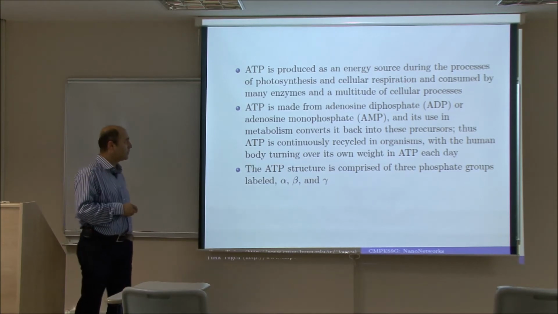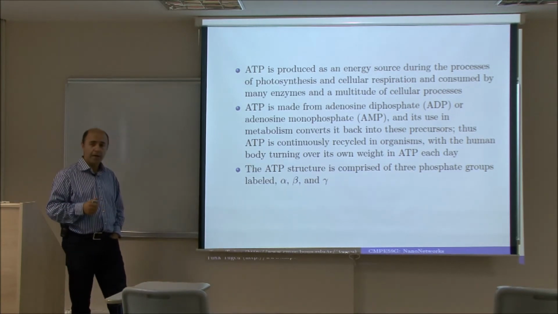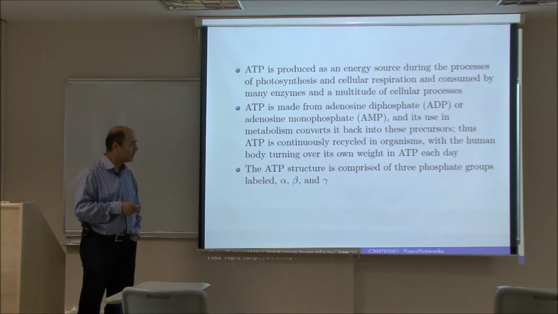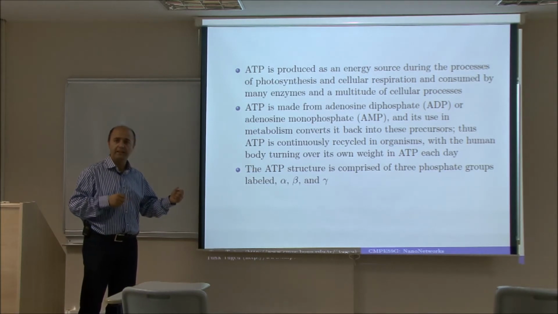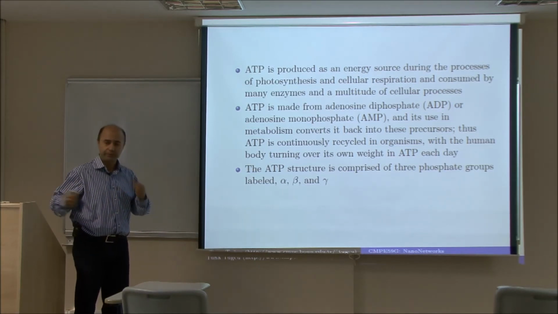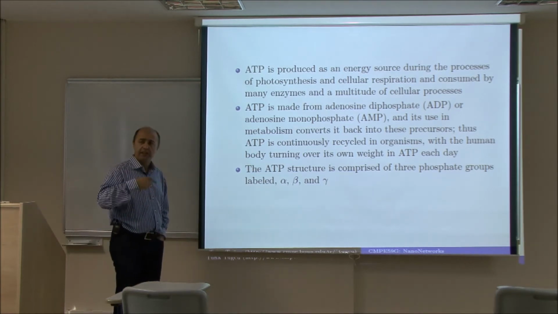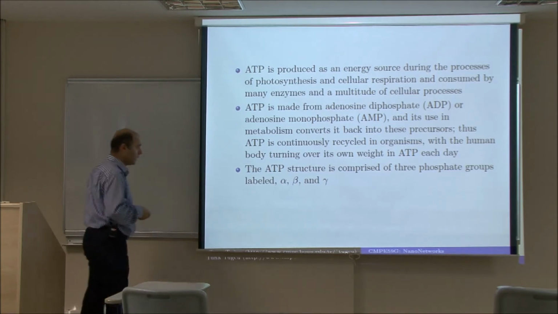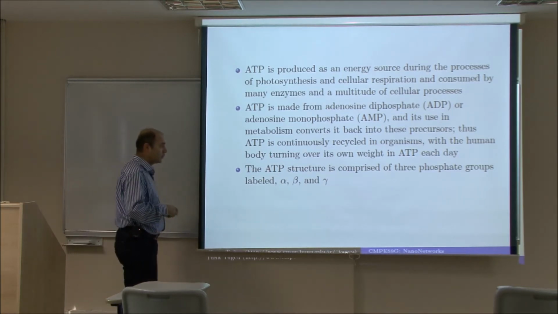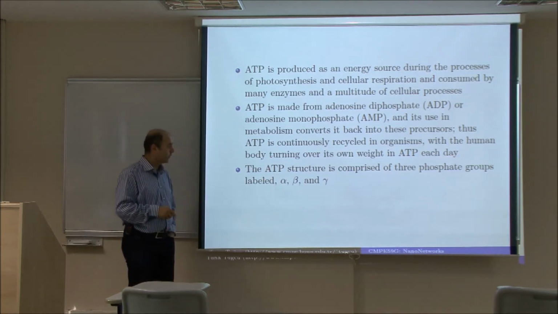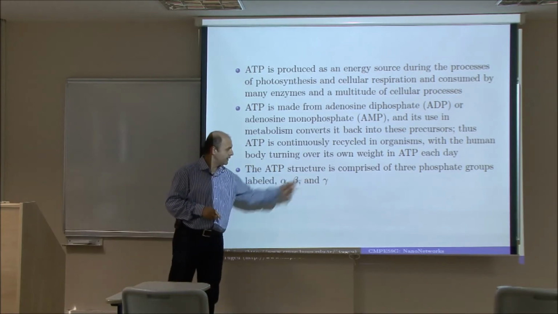And it's used in the metabolism, converts it back to the building blocks. So there is always a change between ATP and ADP or AMP. And inside the cell, you're just reusing the same molecules over and over. The ATP structure is comprised of 3 phosphate groups, alpha, beta, and gamma.